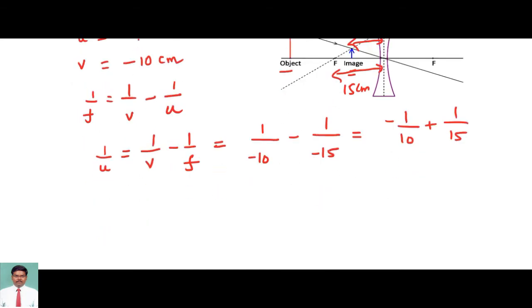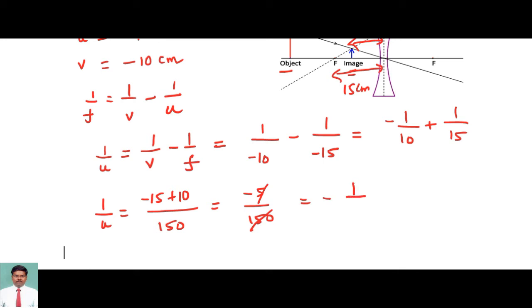After this, we are going to simplify it. 1 by u will be equal to, if we take 150 as a common denominator, minus 15 plus 10, that is equal to minus 5 by 150, and if you cancel these, it will be equal to minus 1 by 30.